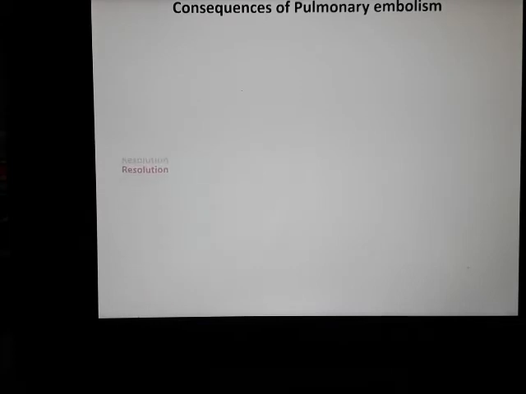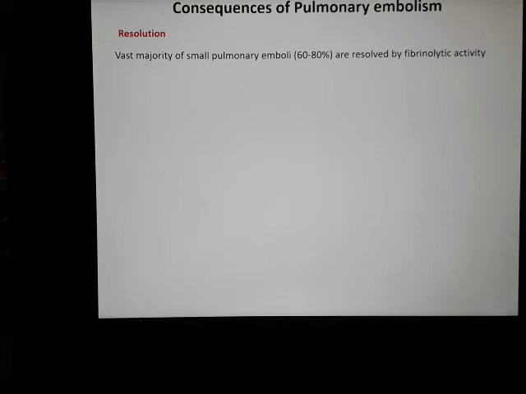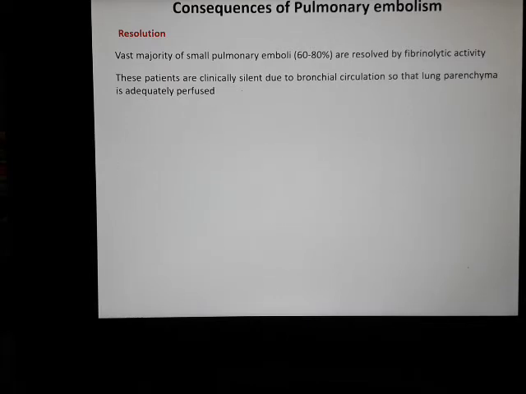Now coming to the resolution part, due to fibrinolytic activity, I already told you the body has an intrinsic mechanism. The body first tries to lyse these emboli. The vast majority of small pulmonary emboli, that is 60 to 80%, are resolved by the fibrinolytic activity of the body.